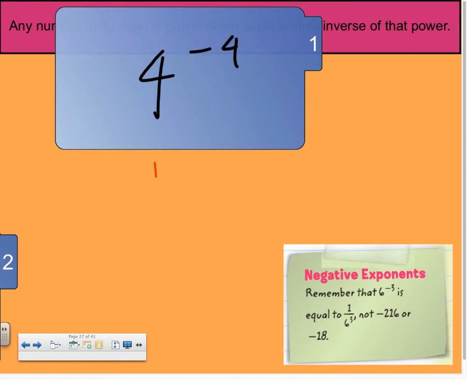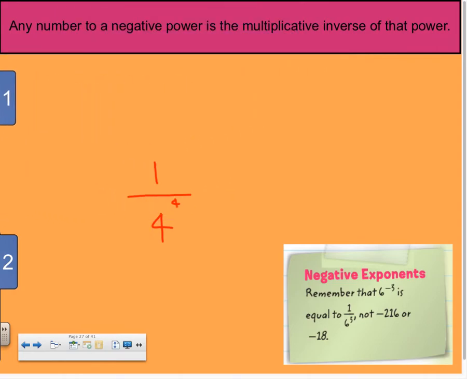Devin says 1 over 4 to the fourth power. Thumbs up or thumbs down? Do we agree or disagree? Thumb sideways if you don't know. Okay. All right. It is correct. We flipped the 4 to the negative fourth, put it in the denominator. We found the multiplicative inverse, and then we changed the sign from a negative to a positive. Very good job.